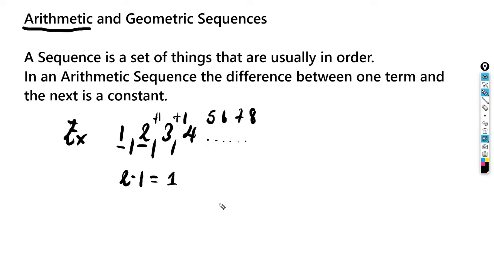So there's actually a general formula for this, okay? And I'm going to actually define it for you. So the first term in an arithmetic sequence is called A. A is called the first term.